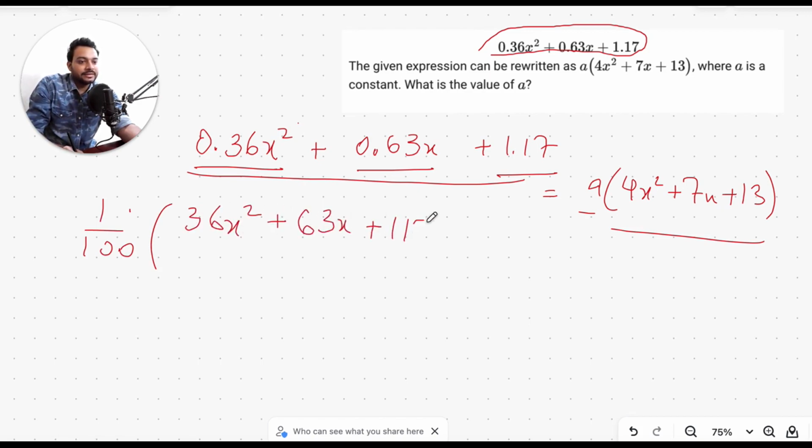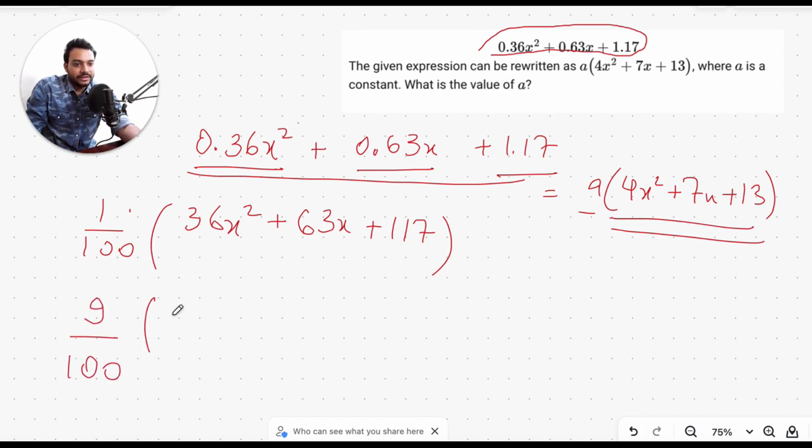plus 117. Okay, now 36, 63 and 117, the numbers look pretty much related. Why? The number 9. 9 is a number with which all the three are divisible. 36 over 9 is 4, 63 over 9 is 7, 117 over 9 is 13. So exact same expression which you have here. So let's take 9 outside as a common factor.